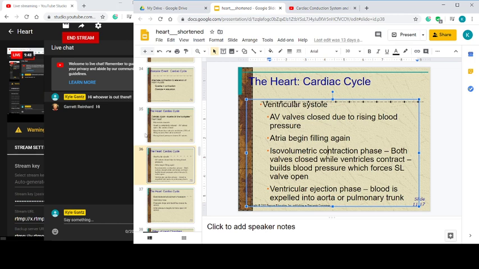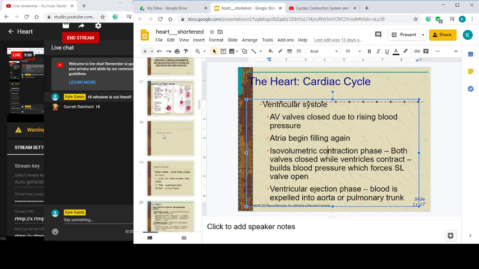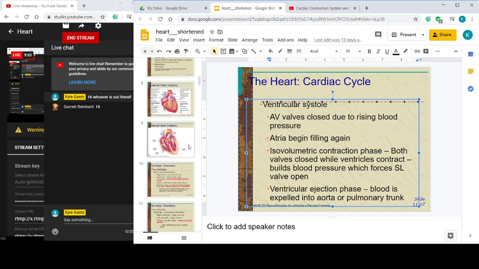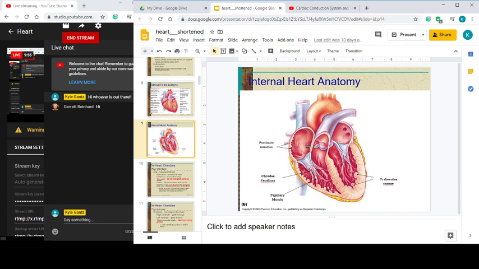So if we look at this, this has contracted, this has shot blood into here. There's so much blood in here that it has closed these valves. And so now we start to get the contraction here, and this thing starts to squeeze and builds pressure. It closes this one, and it's not enough pressure to blow through that yet.